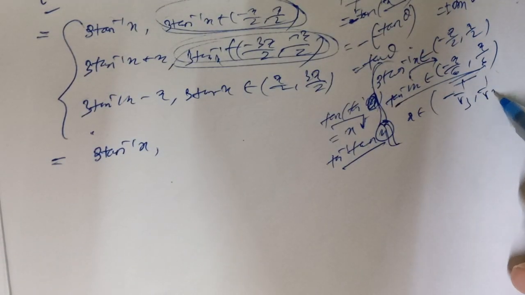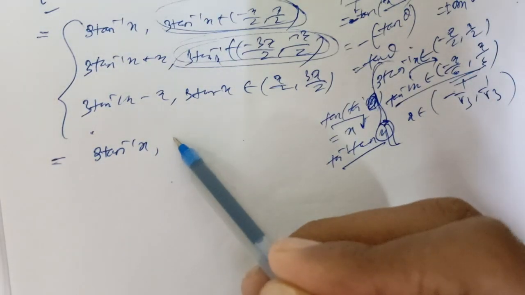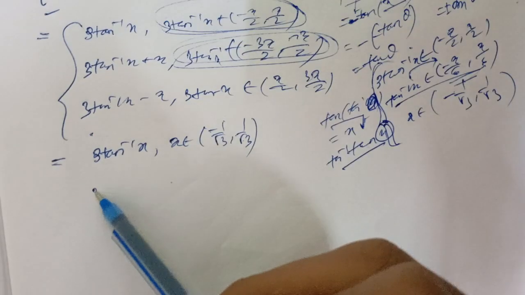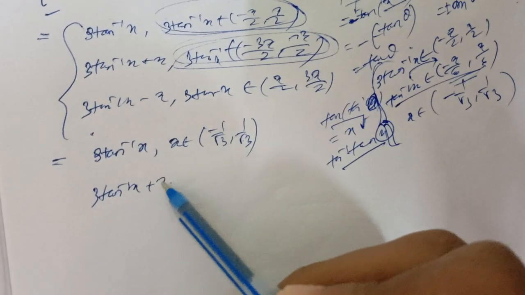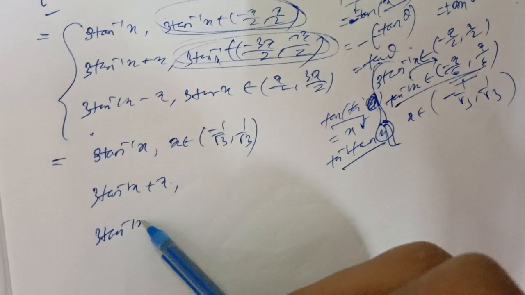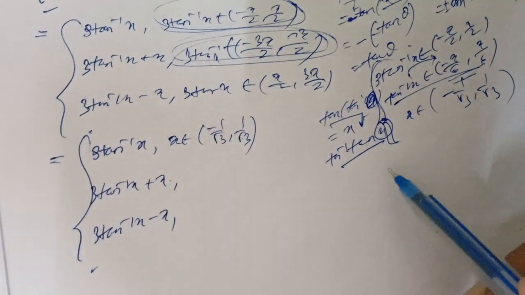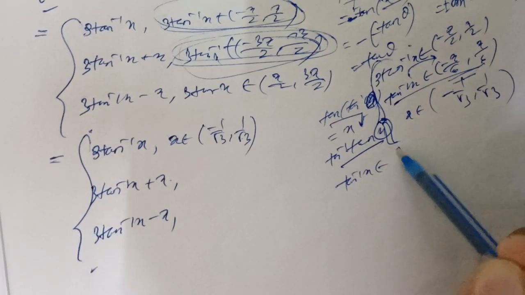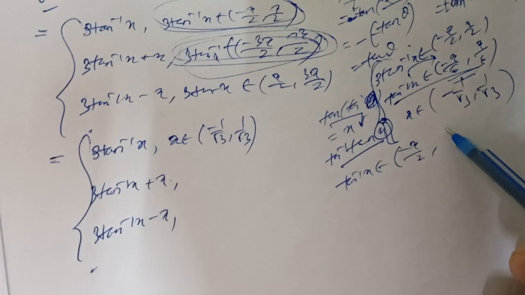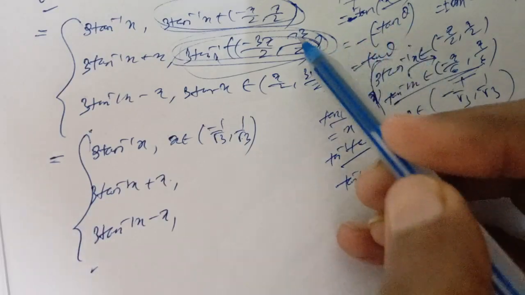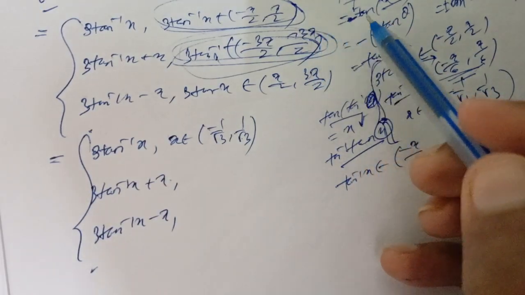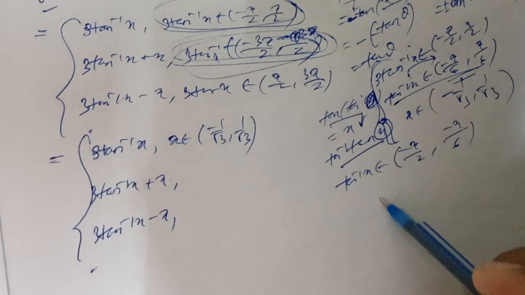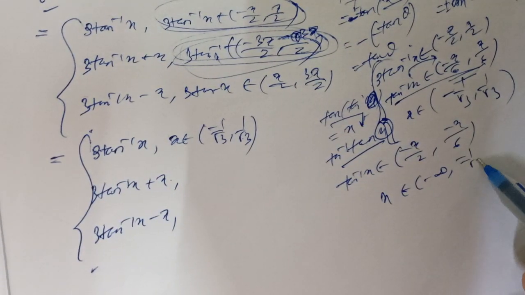Therefore, this is going to belong in the interval of this, and I can write it here. Now let's take this tan inverse x, dividing by 3, we're going to get negative pi by 2 to, what is this, pi by 2, what am I doing, negative pi by 6. X is going to belong in the interval negative infinity to negative 1 by root 3.